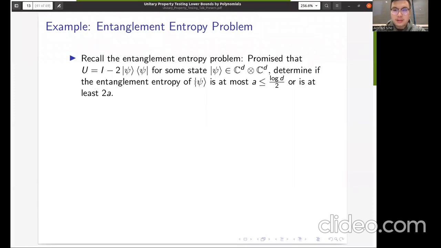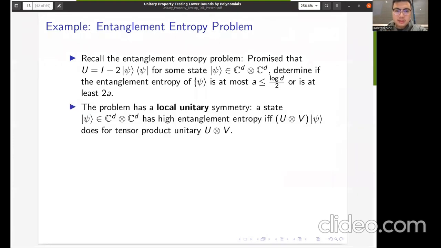We also apply our techniques to the entanglement entropy problem, which we recall is to decide whether or not a given state has entanglement entropy at most A or at least 2A for some parameter A. While this problem does not have a full unitary symmetry, it has some symmetry, which is a local unitary symmetry.